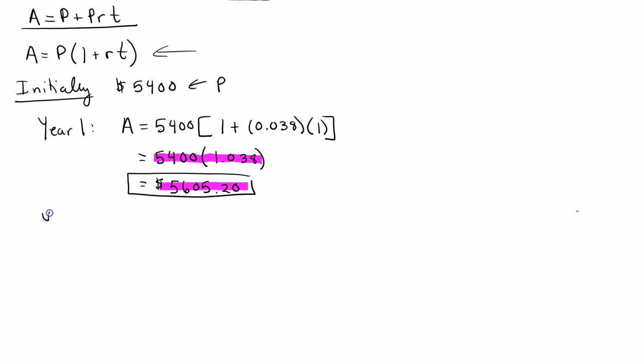What about year 2? We've got a new principal in town because this is compound interest. That means we take all the principal plus the interest and we reinvest it so that we get interest on interest. Cool. So A equals, we're going to be using this formula again, P times 1 plus RT.